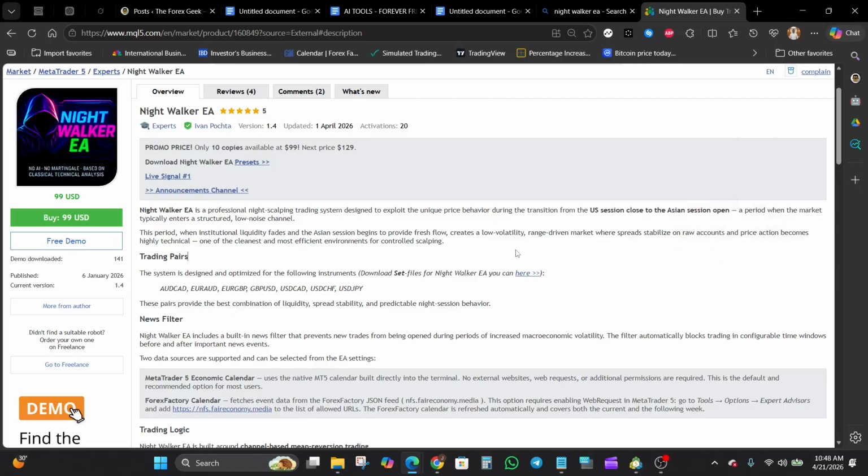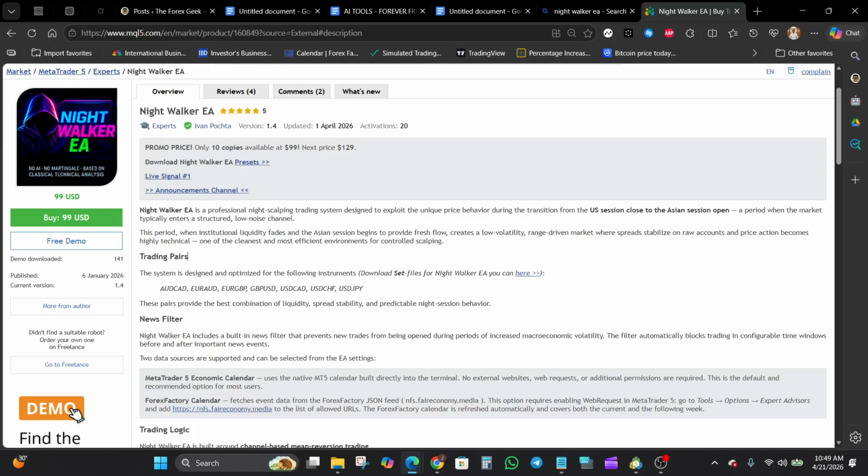So instead of trying to trade all day, it intentionally targets a very specific market condition where price action tends to slow down and become more structured. The developer is basically positioning this as a system that works in low noise, range based environments where the market is not aggressively trending.